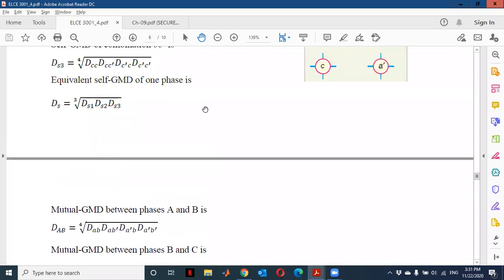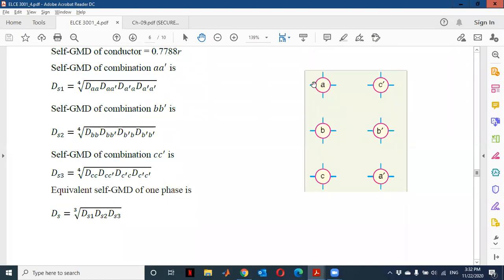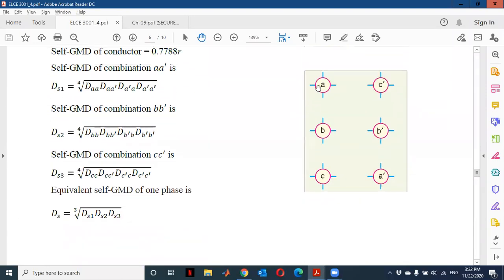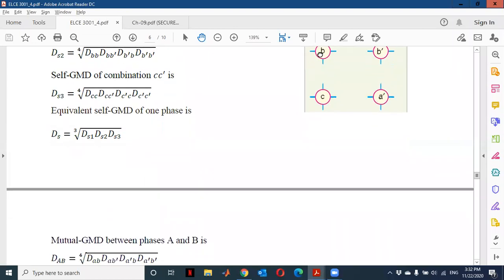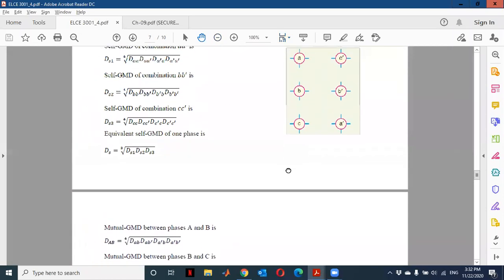DAB is DA to B, DA to B dash, DA dash to B, and DA dash to B dash. If you just understand the graph, you don't have to memorize.